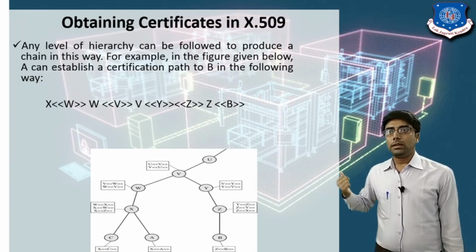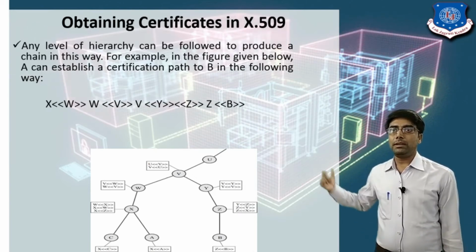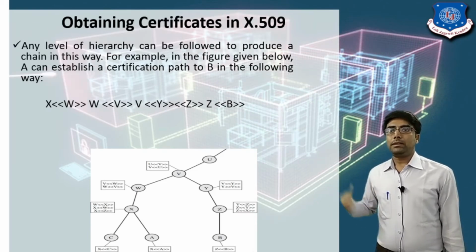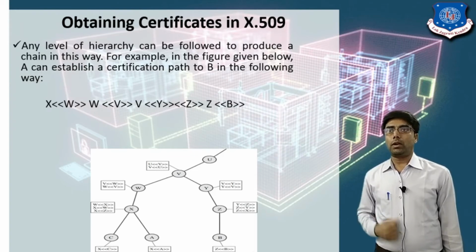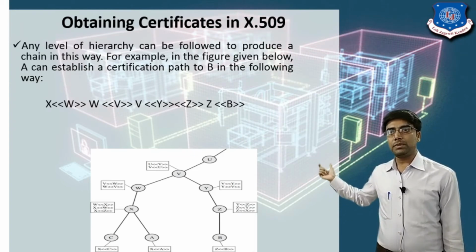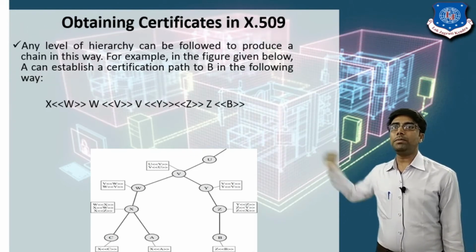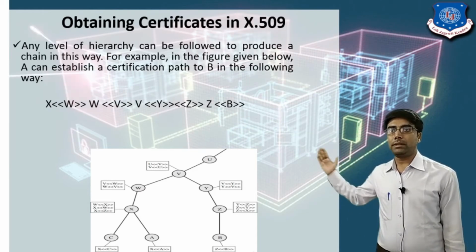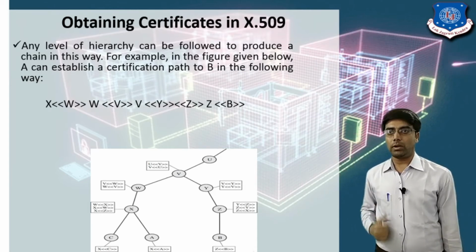Now, X of W means that the W certificate is signed by the X certificate authority. The same for the second link, W of V: the certificate V is signed by the W certificate authority.